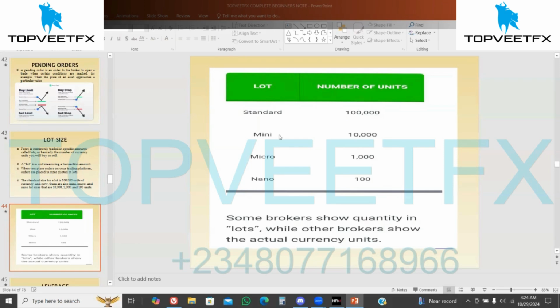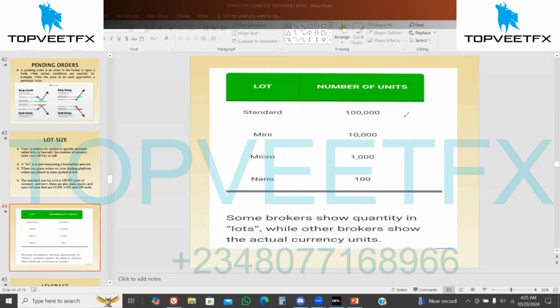Let's start with Nano. For us to trade on a Nano account, we need to have a minimum of $100. Even though we can use $50, we can use $80, $70.